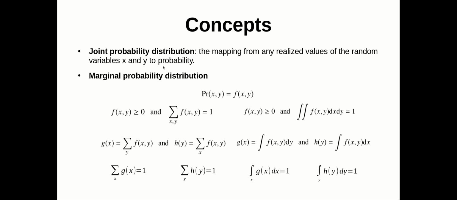These two random variables can be scalars if it's a one-dimensional random variable, but they can also be vectors, if the sample space is multi-dimensional. In that case, both x and y are going to be vectors.